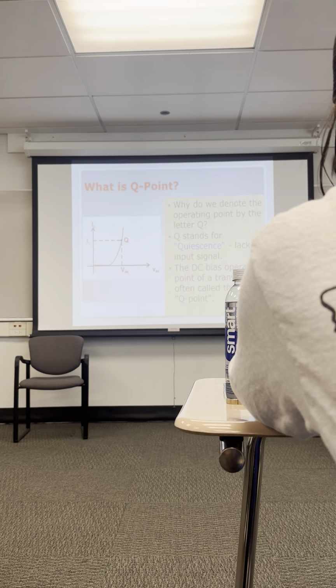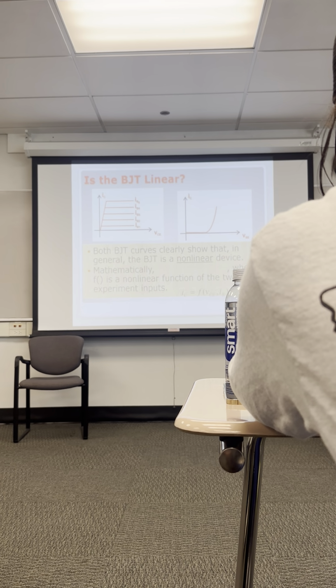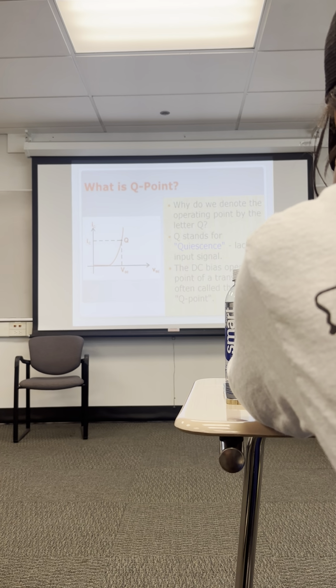At the quiescent point, we develop a base-emitter voltage, and that develops the I sub C, and we'll call that our Q point. So in this curve here, we understand that there are hundreds of different Q points on the collector curve, and then your part is selecting the appropriate Q point for the design that you're doing.